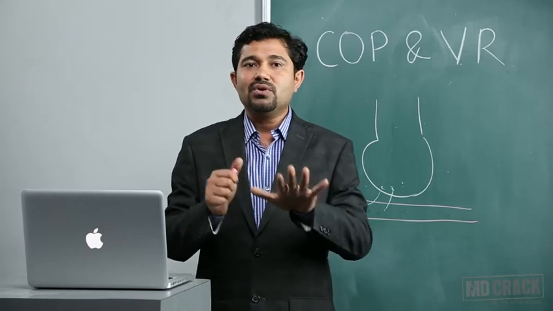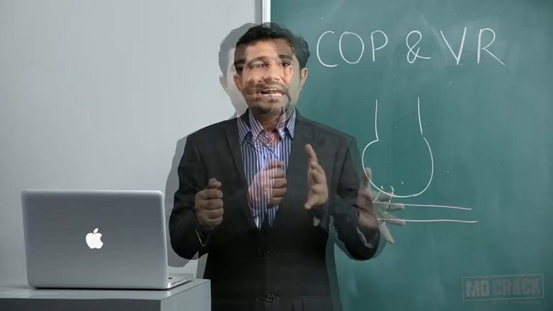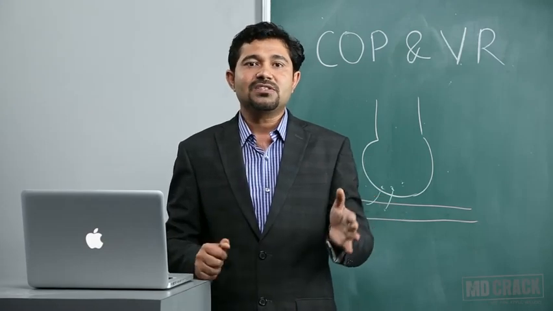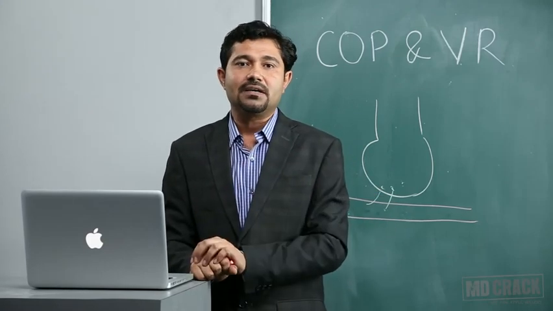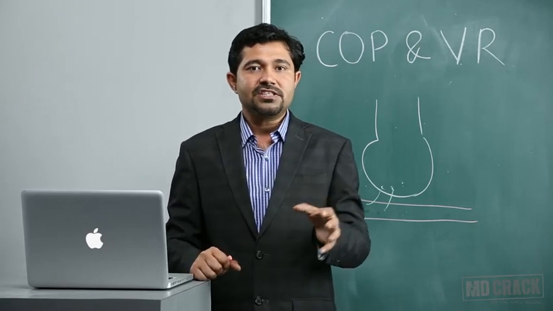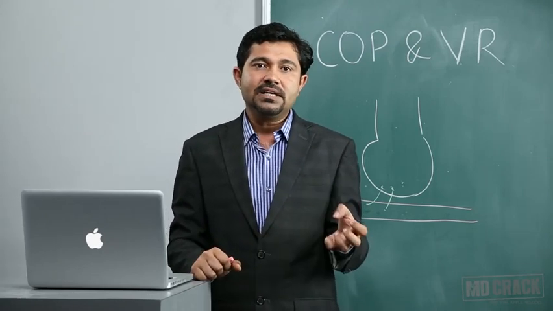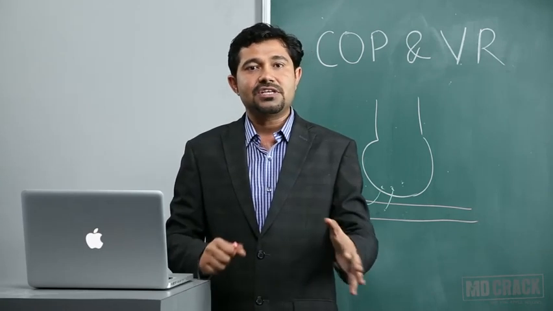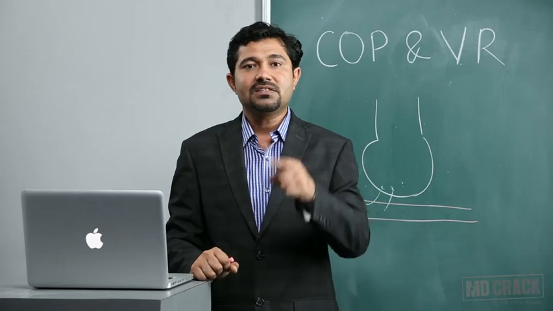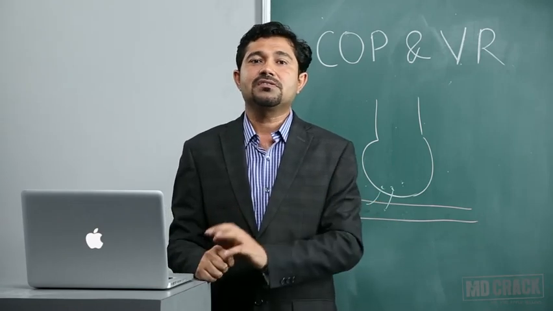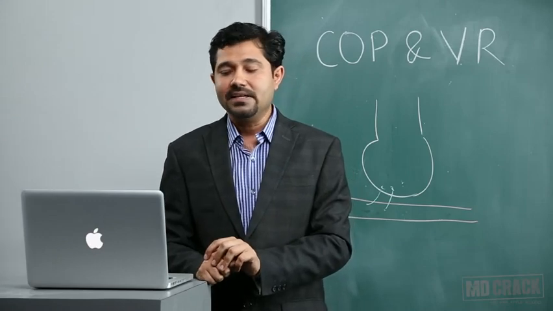So it will cause more and more accumulation of blood and enlargement of the heart. Excessive stretching of the muscle will cause further weakness of the heart, and now the vicious cycle will start. Excessive stretching, more weakness, further decrease in the cardiac output, venous return is continuous, and excessive stretching again of the heart. So this is the vicious cycle. This is why there is cardiomegaly in patients of congestive cardiac failure.